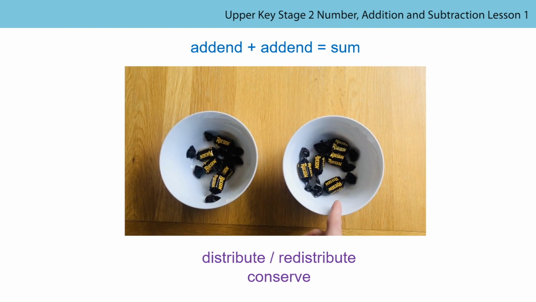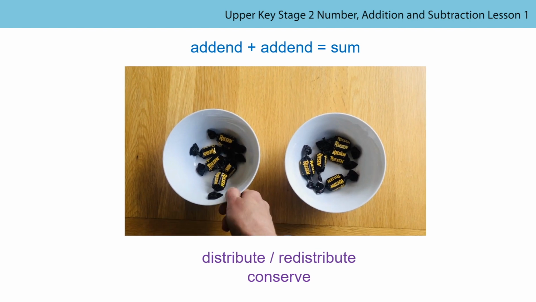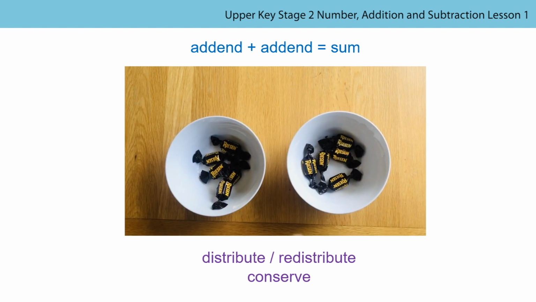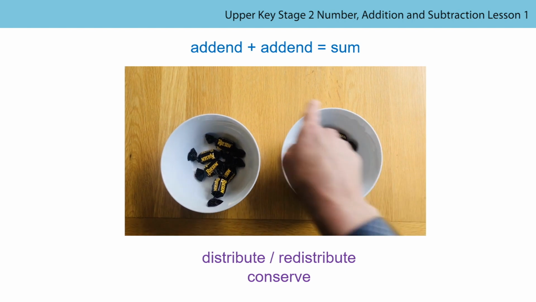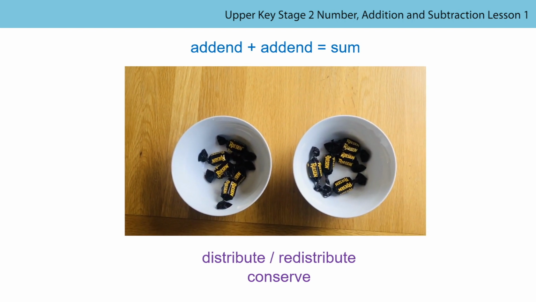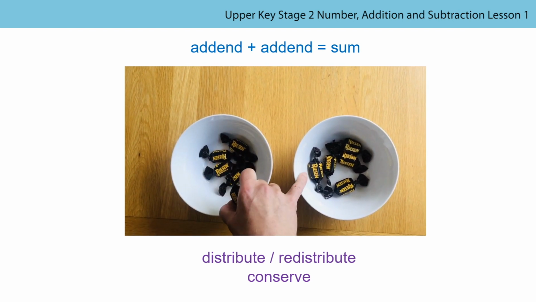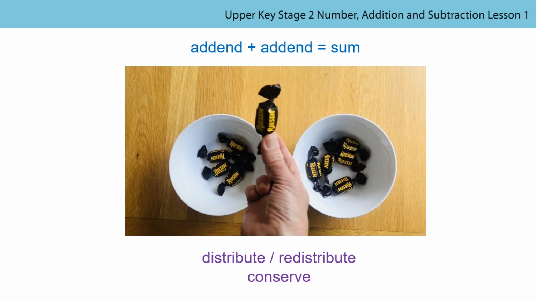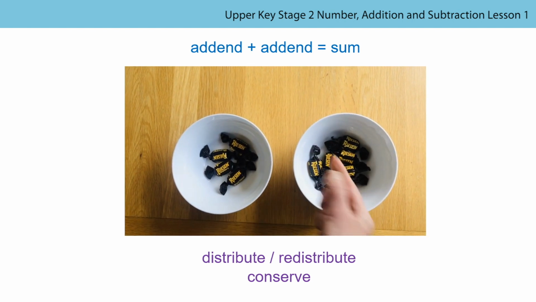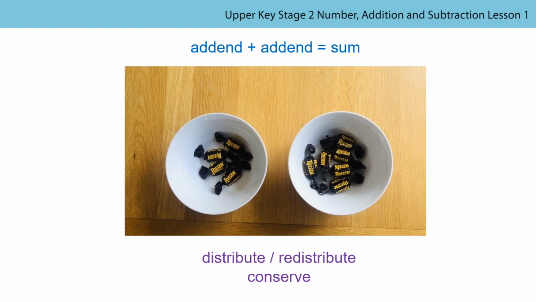So I'm decreasing and increasing, increasing and decreasing. So I'm showing here that if I want to conserve my sum, conserve my total, keep it the same, to not let it change, then if I increase one addend by an amount, by 1, then I decrease the other addend by the same amount.